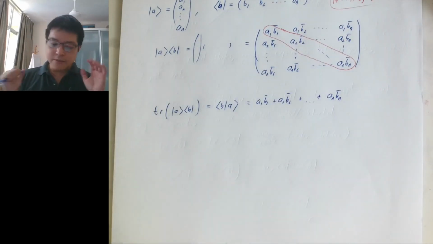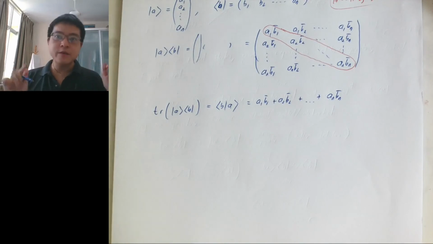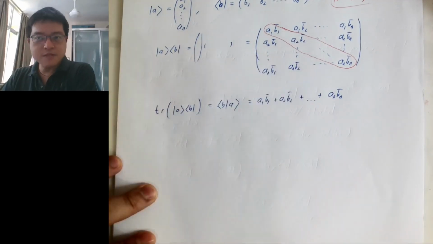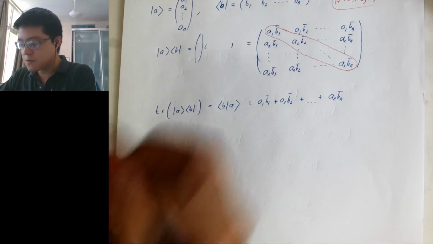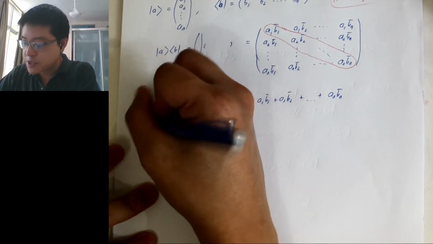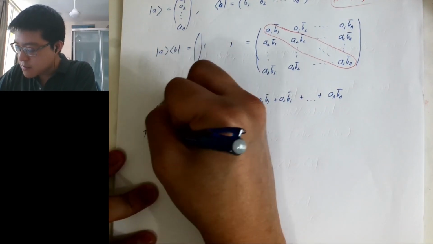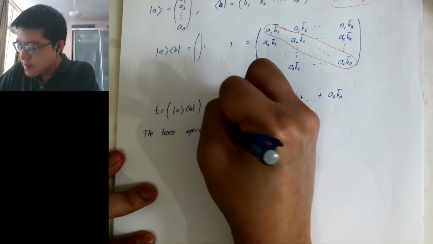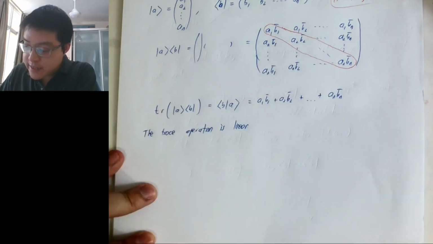So now that we've got the trace, we will be using the trace quite often later. And this is also something you probably learned in linear algebra. One of the properties of the trace operation is that it is linear. What does linear mean?